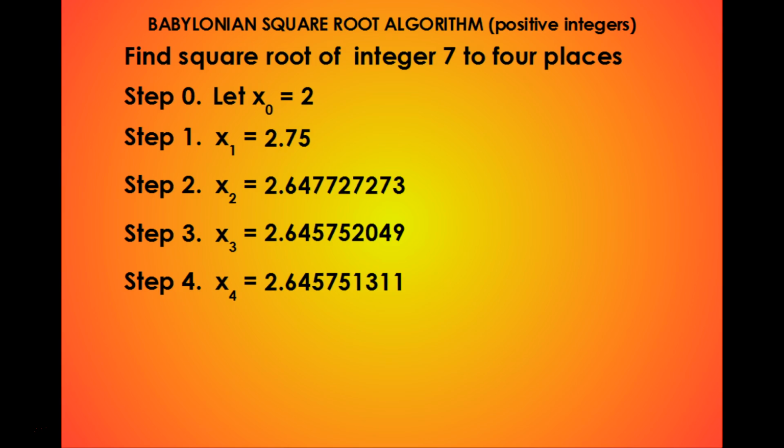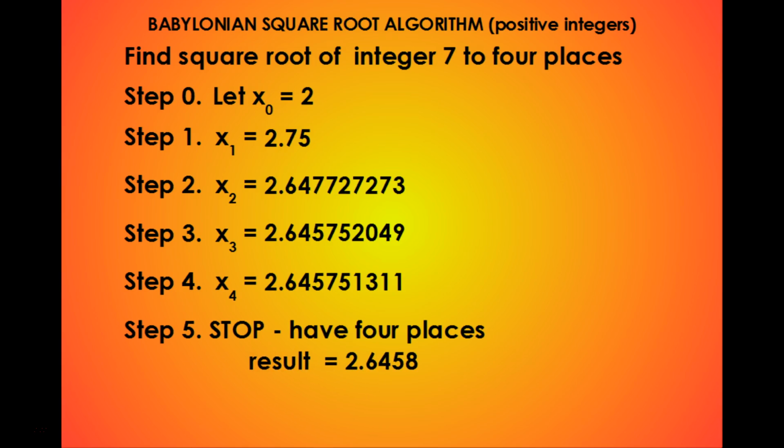Once you look at the proof, it will be easy to see that these numbers will remain stable. Okay, so we can stop. We've got 4 places, and we can round that up to 4 places, because 5 is the 5th decimal digit there. So the answer is 2.6458.